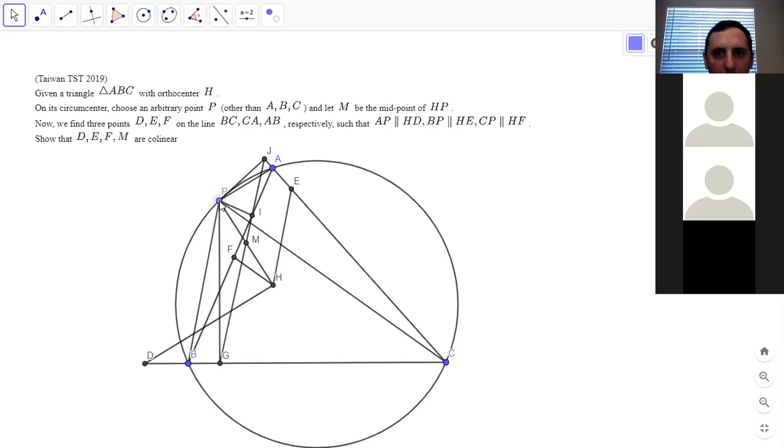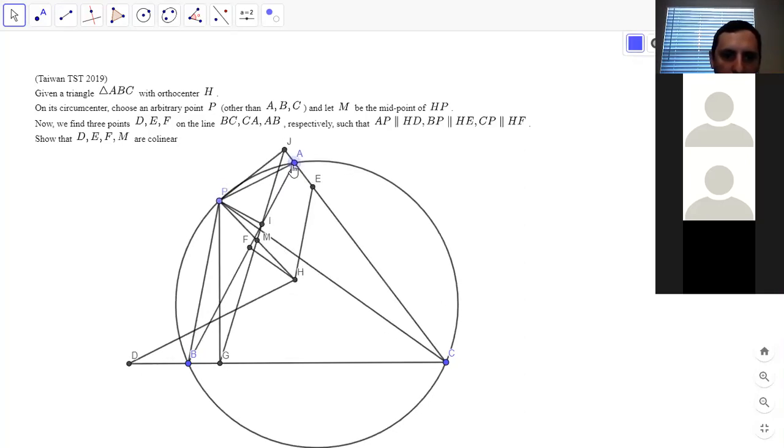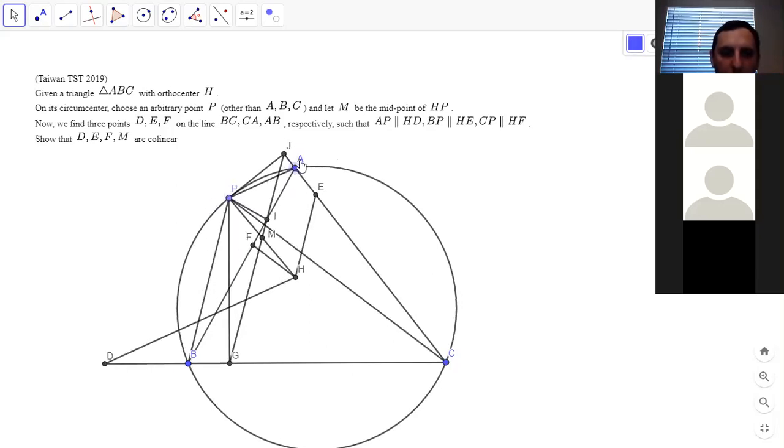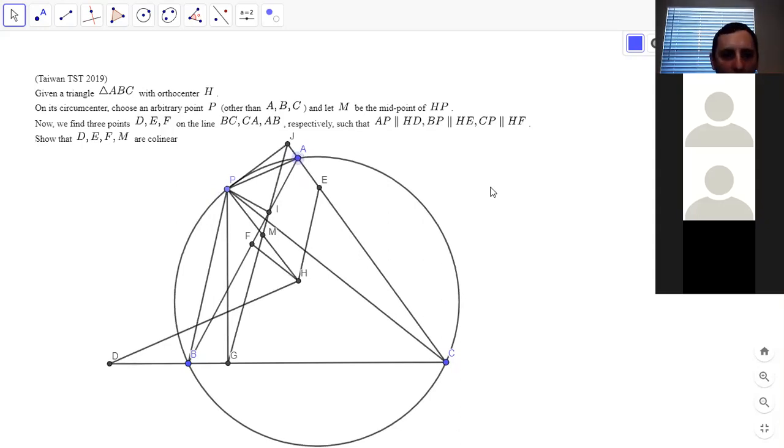Let me check the chat. The Simpson line. So if you drop the perpendiculars from P to all three of the sides of ABC, they all are collinear. So P to AC is J, P to AB is I, P to BC, the perpendicular is G, and they're collinear. And it's not a very hard proof. It's just an angle chase. So if you haven't seen it, I'd recommend trying to prove it. Okay. So yeah, it's well known that the Simpson line passes through M.